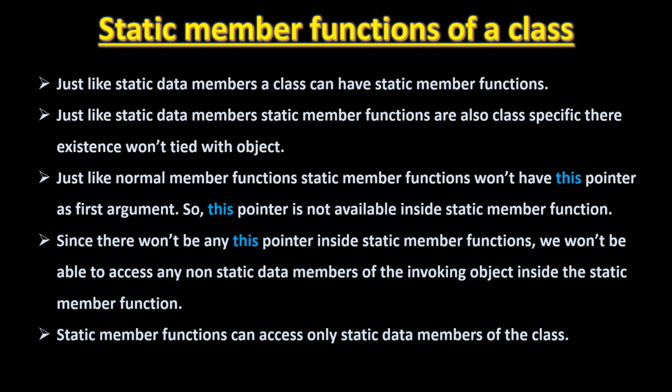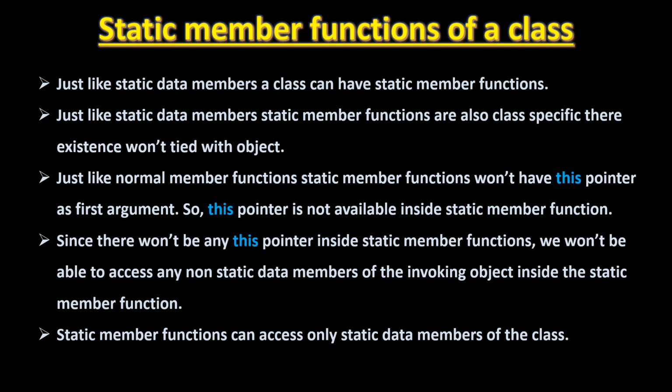For a non-static member function, there will be a default pointer provided by the compiler as the first argument, and that is known as the this pointer. That this pointer holds the address of the invoking object, so that the member function can easily identify which object is invoking that function.